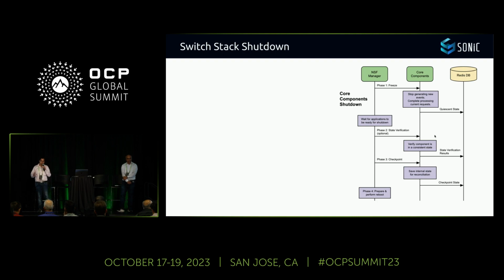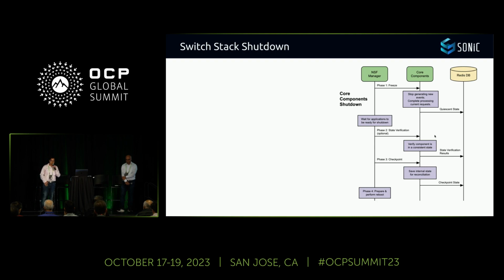And when all applications or all switch stack components have become quiescent, the orchestrator, which we're calling NSF Manager, will move to the next phase, the optional state verification phase, where all components verify their internal states and report that they are in a consistent state.